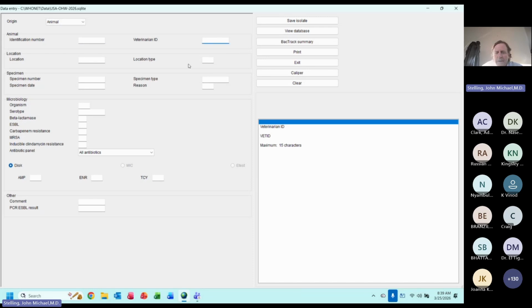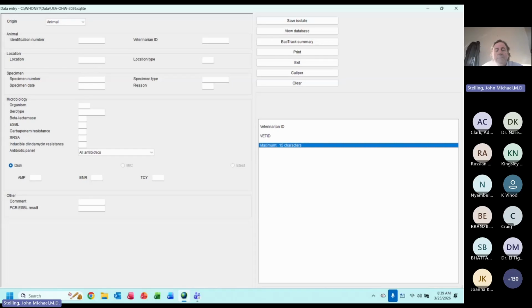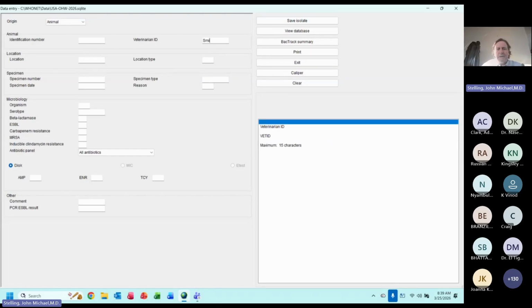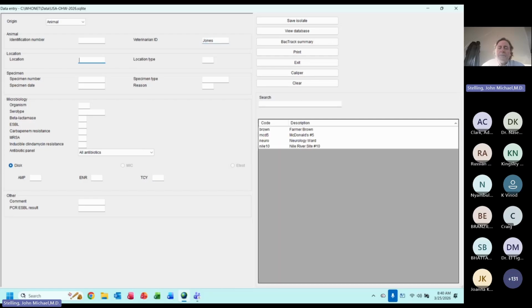And on the lower right here, you don't see a list of veterinarians because I didn't make a list, so I just type Smith and accept Smith. If I do make a list and I put Smith and Smith is on the list, great, or I can click on Smith. On the other hand, if I type Jones, if Jones is not on the list, not a problem. WHONET simply says Jones is not on the list, and it still accepts it.